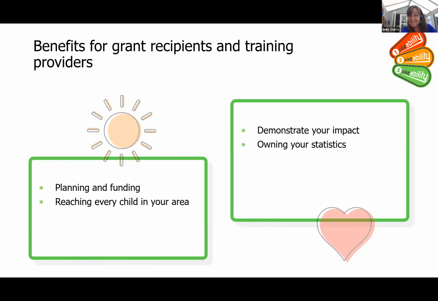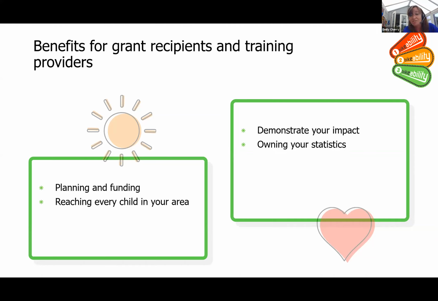But getting this data and being able to drill down into it will give us much better confidence of where we've got the coverage, which children we are able to access and able to offer Bikeability to, and then really crucially how we can target with additional funding, like a widening participation fund that we've just launched, or our SEND funding that we launched last year, so that you're really able to reach every child in your area. So it's just continuing to build that case for you as a grant recipient and training provider as well.